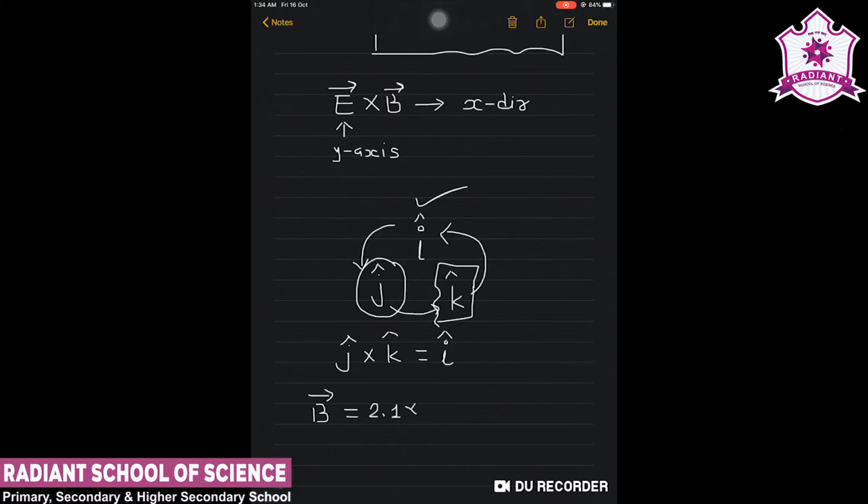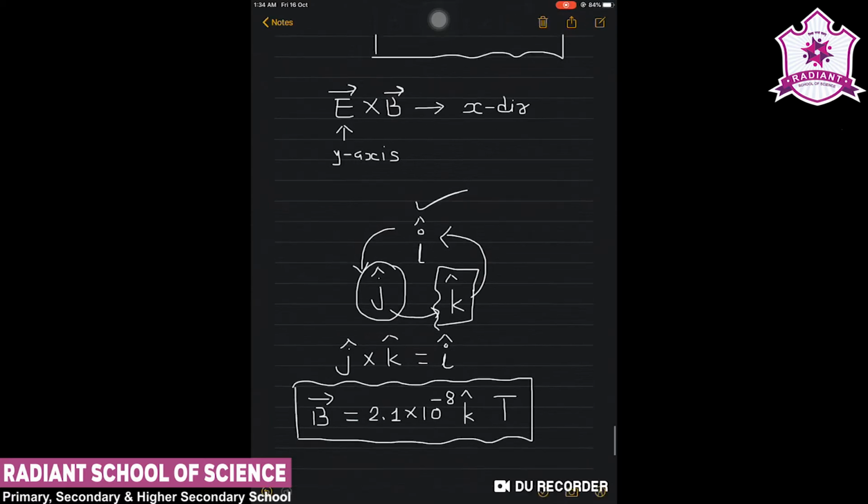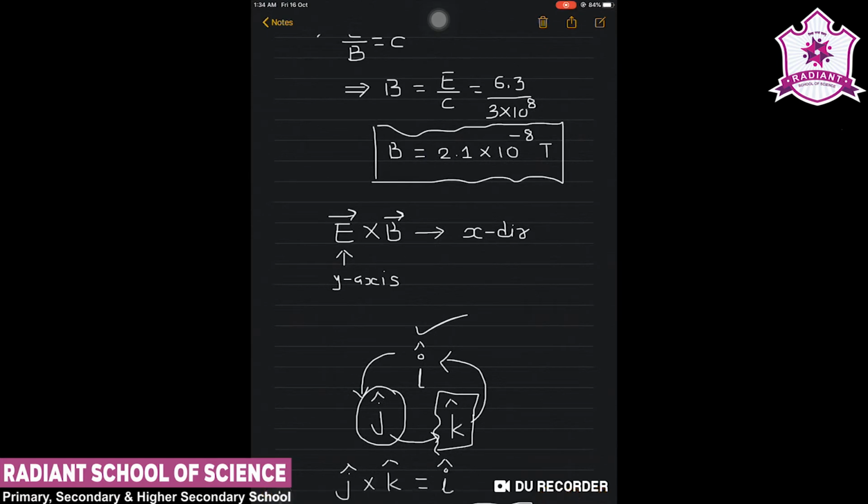2.1 into 10 raised to minus 8 Tesla, but having a direction in the k, that is the z axis. So this would be the answer, that is the direction. And above we have found the magnitude of the magnetic field.